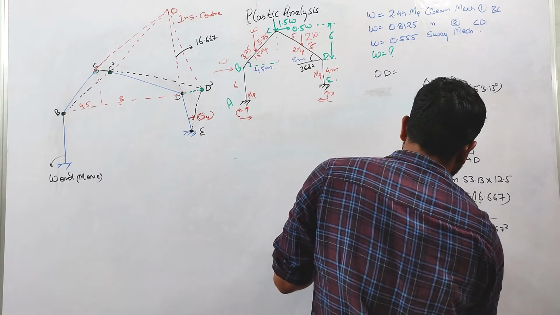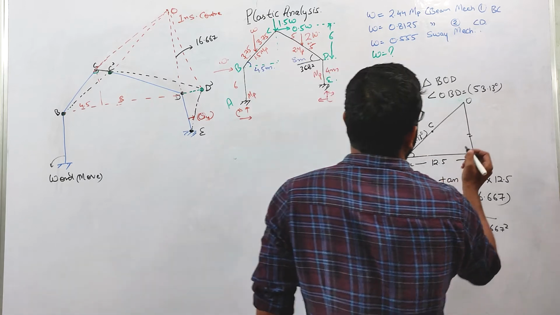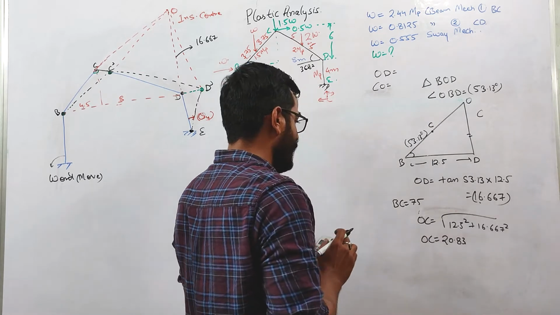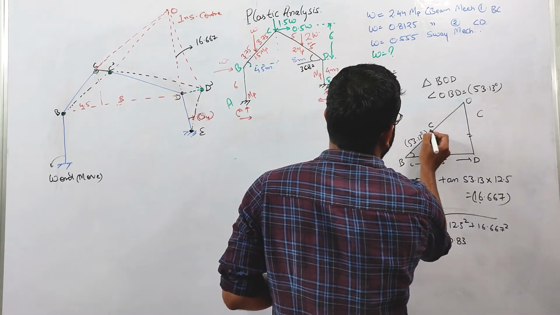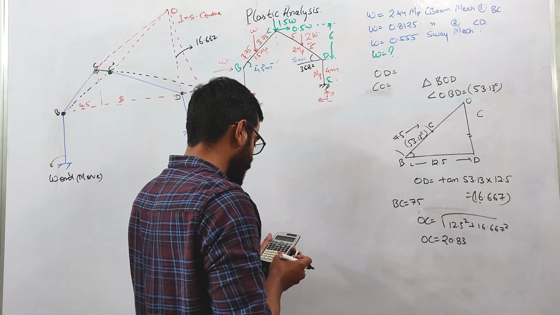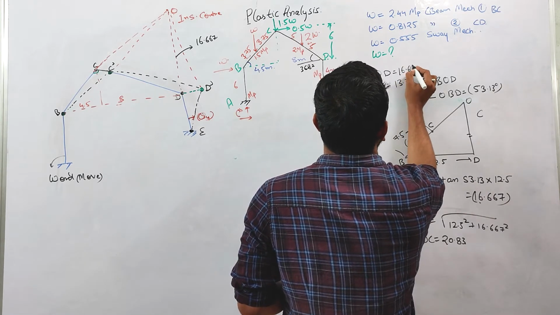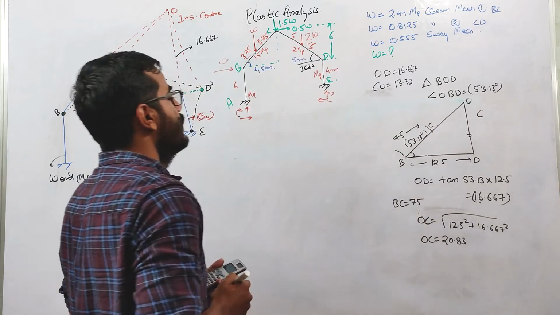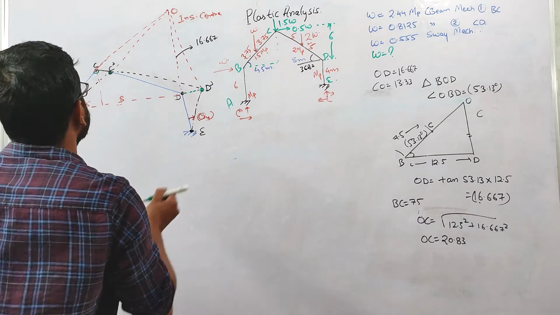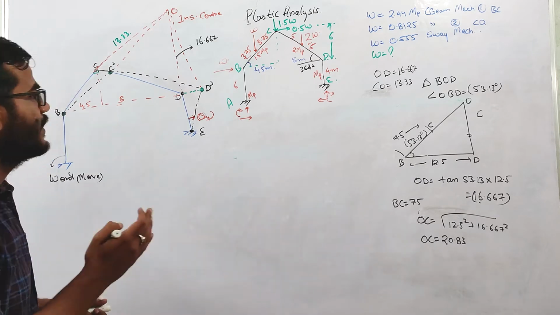So OC is 20.83. So what is the value of CO? CO will be equal to 20.83 minus 7.5, since this distance BC is 7.5. So that gives the value 13.33. OD is 16.667, and this is 13.33. So we have calculated this distance, 13.33. Why are we calculating this? We'll see now.